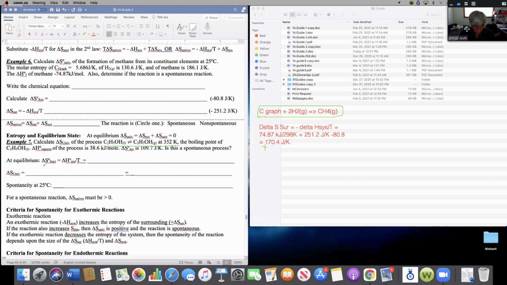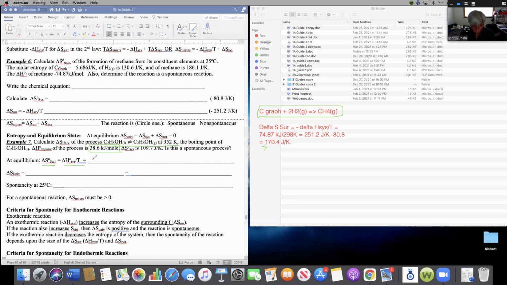And at equilibrium, delta S universe equals zero. So we need to find delta S system and delta S surrounding. The delta S system is given to us over here. Delta H system is given to us here. This is delta H vaporization. That's the system. And it is positive because you have to put energy into it at 352 Kelvin. You have to heat this alcohol. So that's why it's positive.